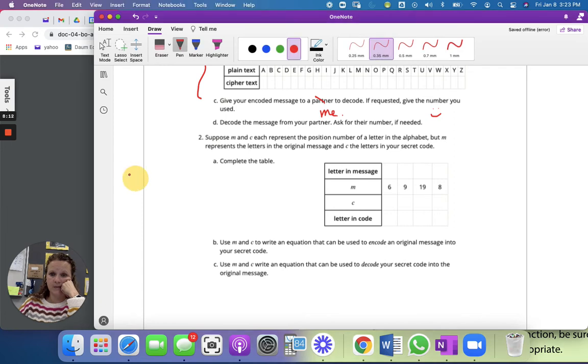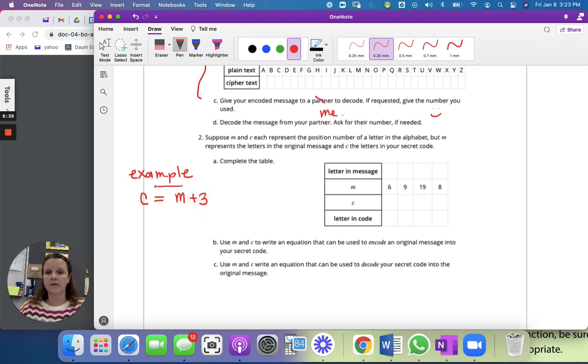An example would be like our warm-up. M is the original, and for the warm-up that we did, C is the secret code, so secret code equals the original plus 3.